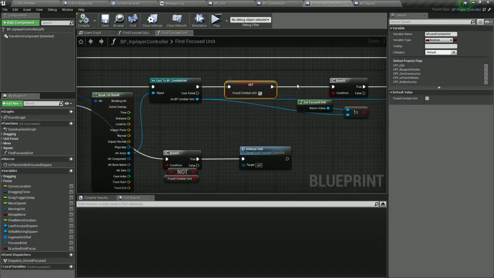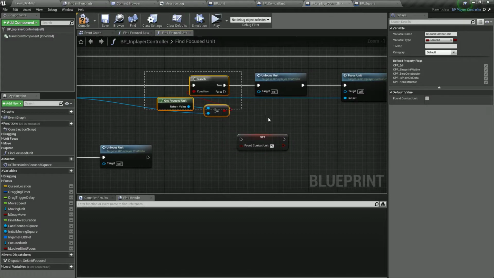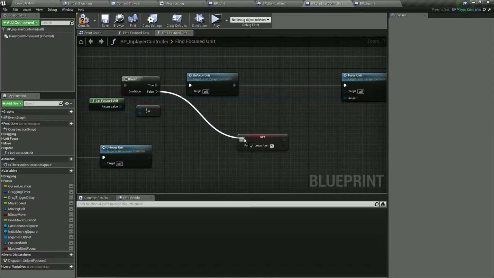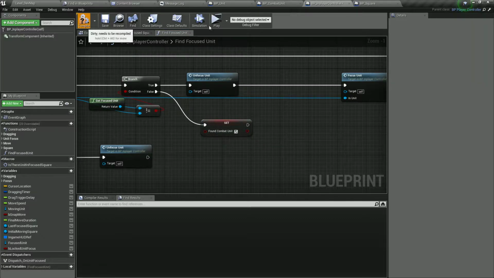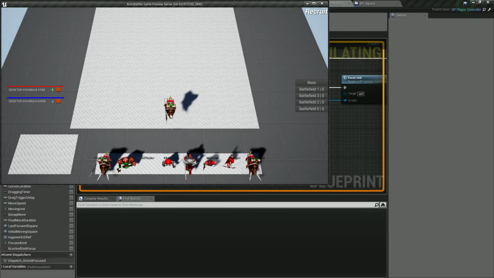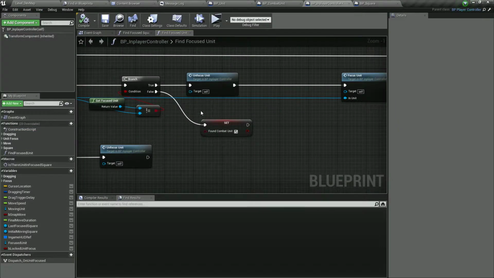So it's popping this. So I guess what happens if we do this? Yeah, it doesn't like it, of course.